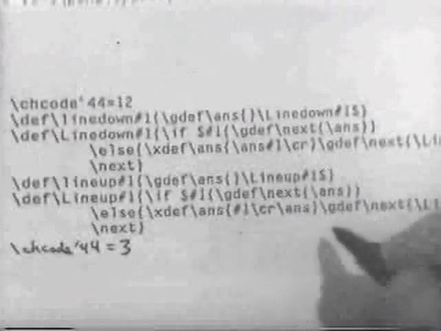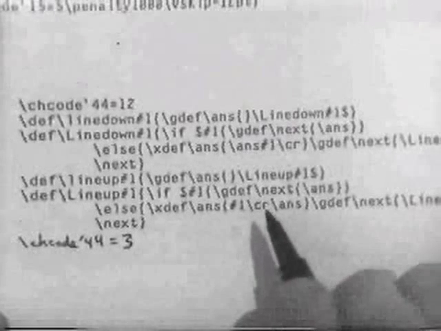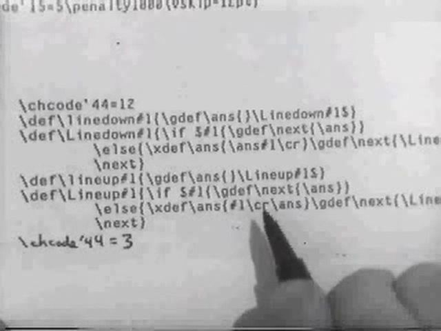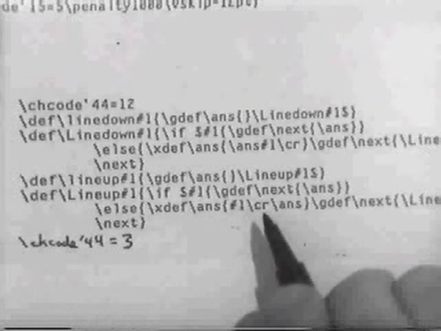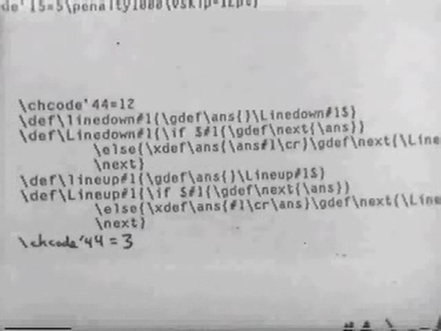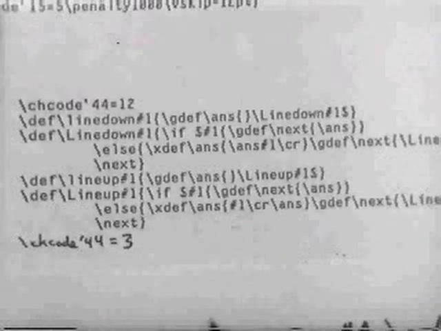So \linedown and \lineup are very, very similar in this particular solution. It's a case of recursion where this is an n squared solution. In other words, if the length of text that you're doing is of length n, then we reconstruct it by building one of size 1, 2, 3 up to n, and the total amount of time is proportional to n squared.